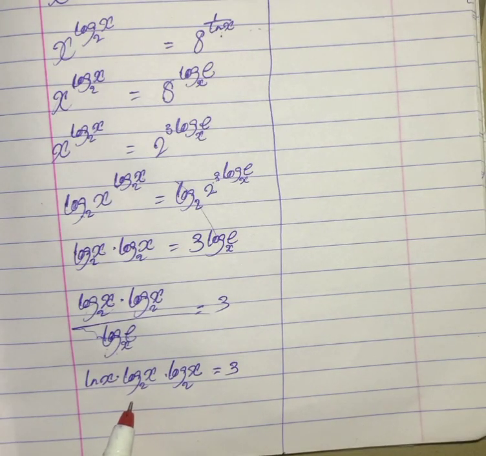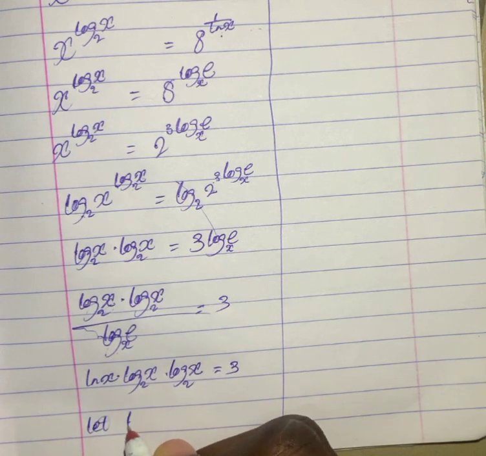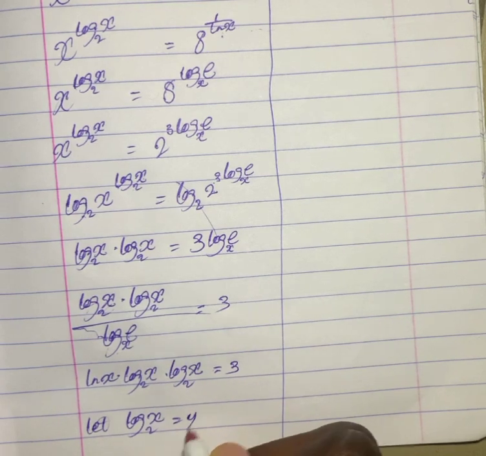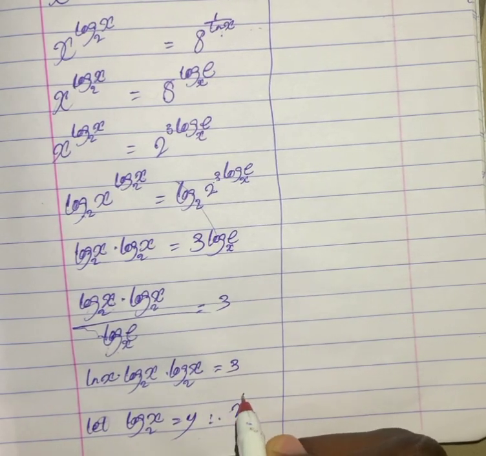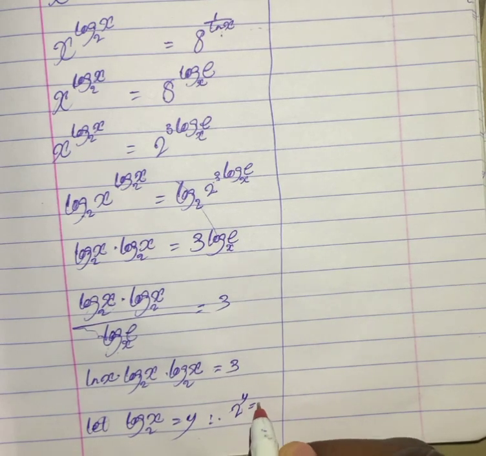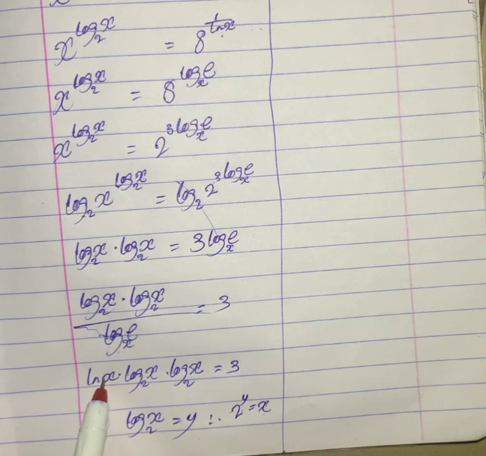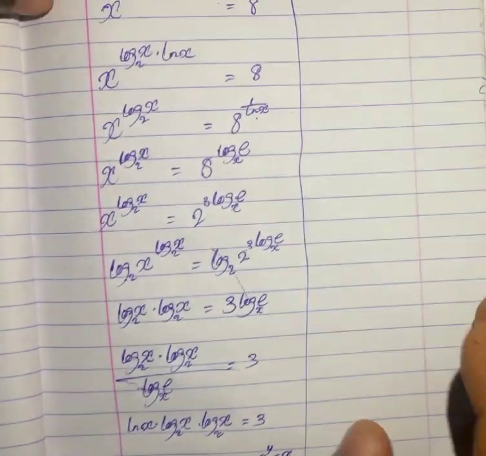But we can make log x base 2 equal to some constant. So we say let log x base 2 equal y. That simply means that 2 raised to the power of y equals x.